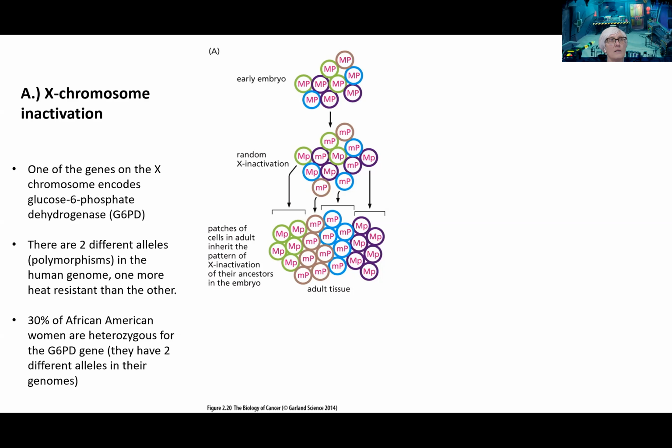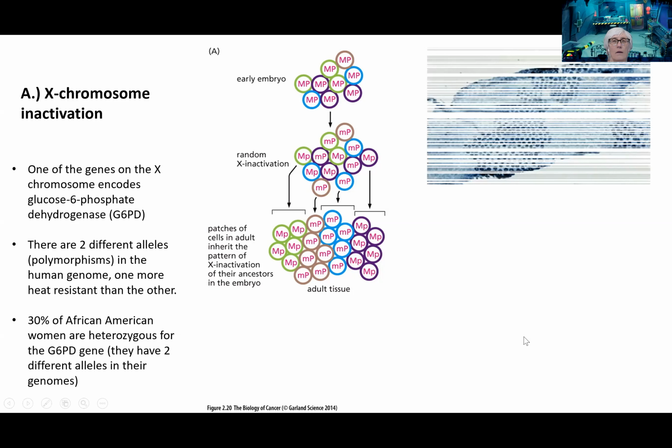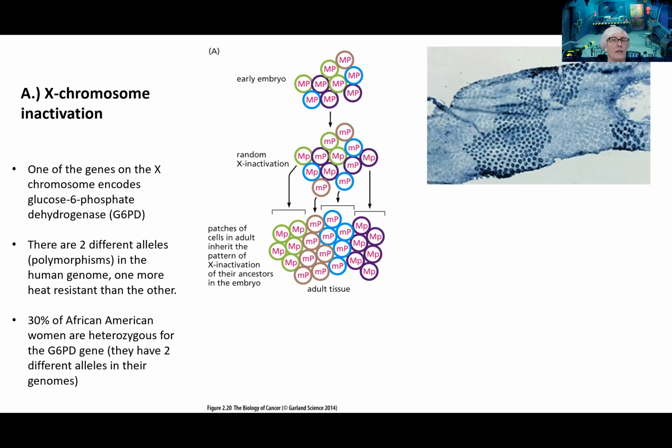Although these different gene products both function normally, as I said, they behave a little bit differently, such that one of them is more heat resistant than the other. So here I have an image of some intestinal epithelium from an individual who is heterozygous, containing both alleles, some of which are heat resistant and some of which are heat labile.